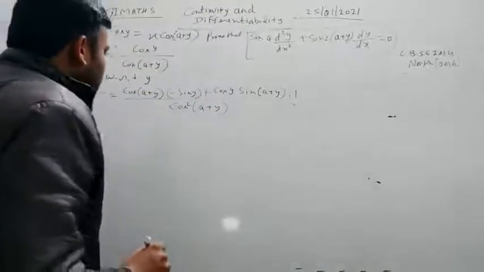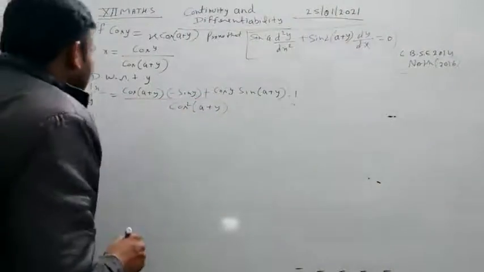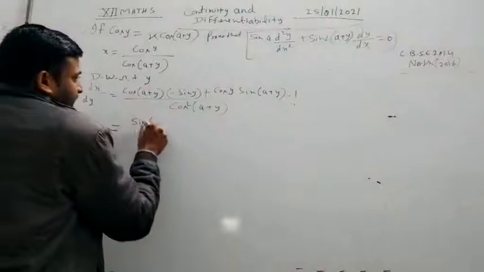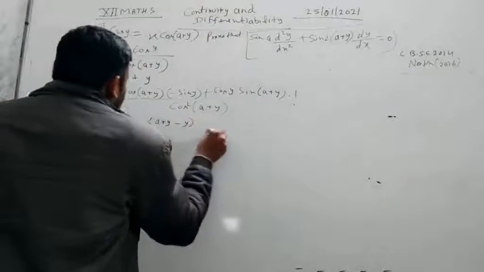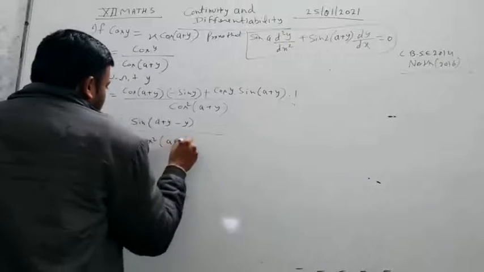Students, this is sin a cos y minus cos a sin y, which is the formula of sin(a minus y), and this is cos square (a plus y).